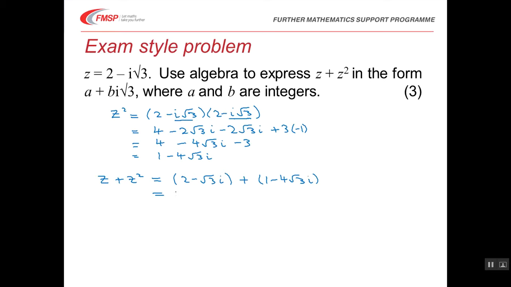So writing it without the brackets, 2 minus root 3 i plus 1 minus 4 root 3 i. And if I collect terms together, the real parts, the 2 and the 1 make 3. Minus root 3 i minus 4 root 3 i is minus 5 root 3 i. And there's our answer.